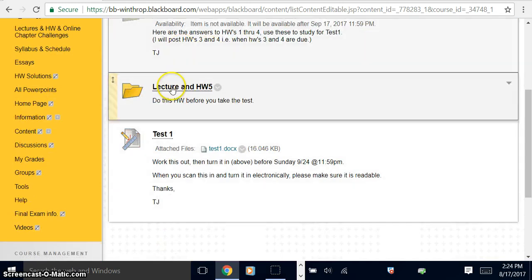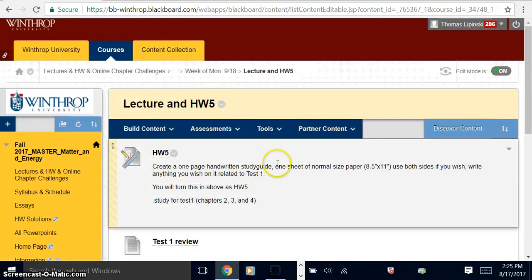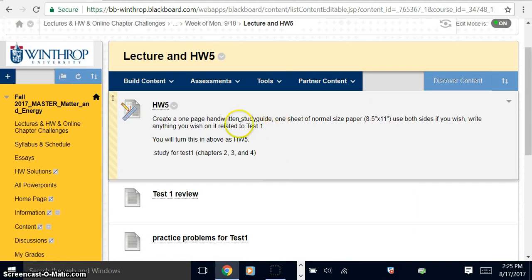So I strongly suggest you look those over, and you take notes on them and things like that. This homework 5 is to see how it says do this before the test. This is just a typical homework. I called it homework 5, but before each test there's a corresponding homework, and it's really simple instructions. Just make a handwritten document which covers these chapters.